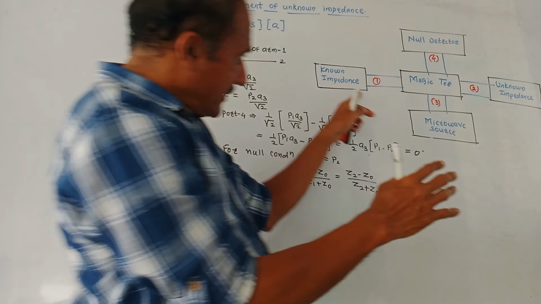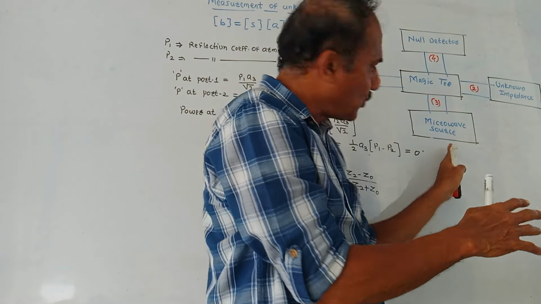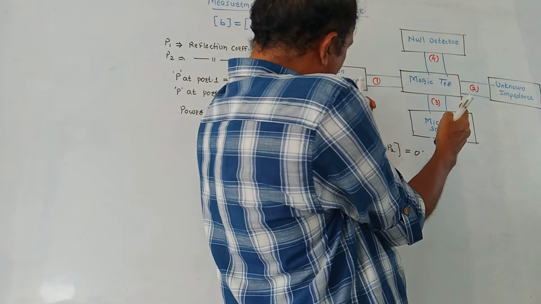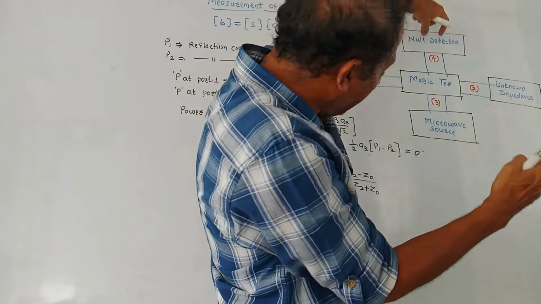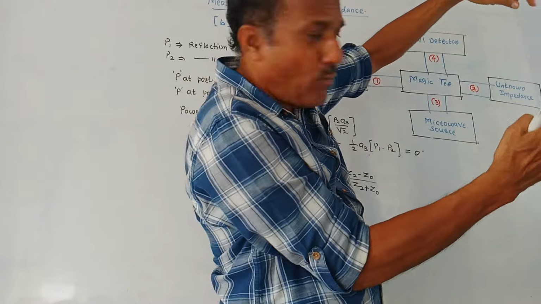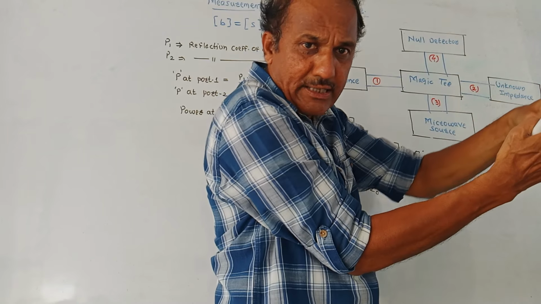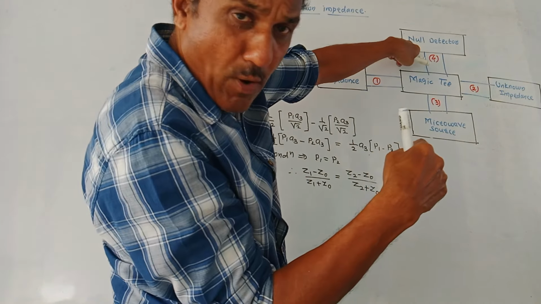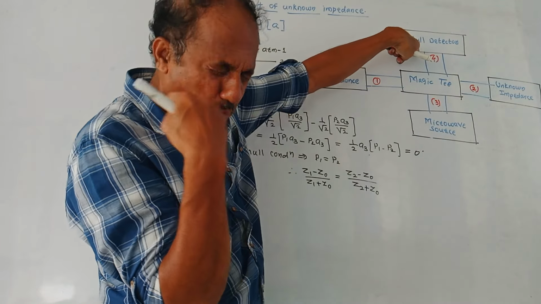Now see, we have connected the microwave source at port 3. There will be division of power at port 1 and port 2, and at the null detector at port 4 we want to combine these two things. Actually there will be subtraction. So again we want to measure the power at the null detector, that is power at port 4.